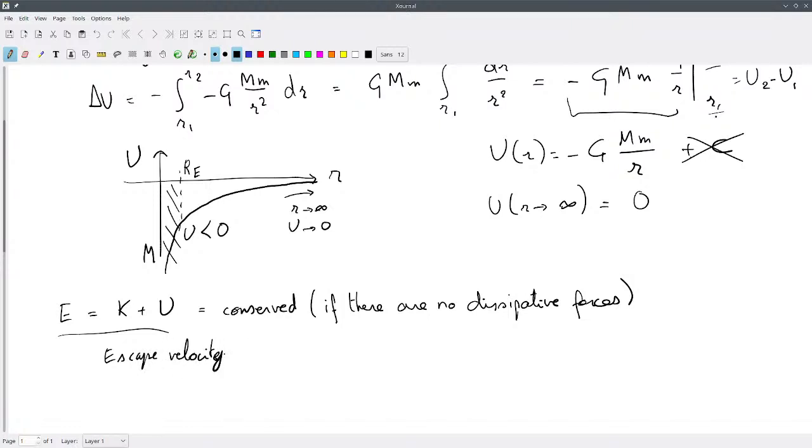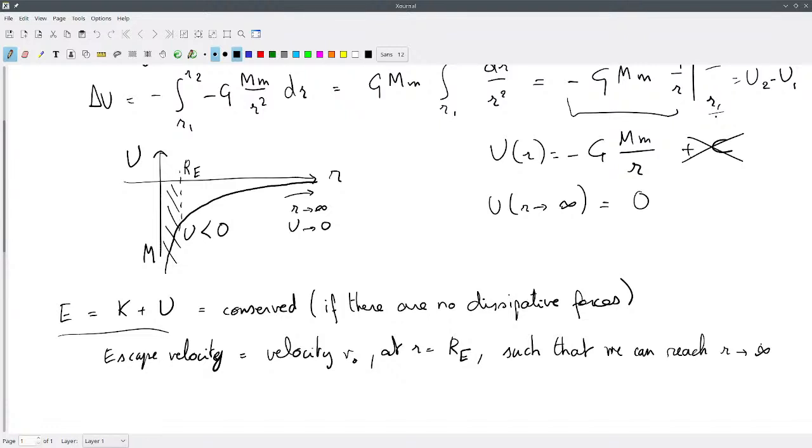The escape velocity is the velocity v0 at the surface of the Earth, for example, or the surface of some star or some other planet, such that we can reach infinite distances, or in other words, escape the gravitational pull of this object.